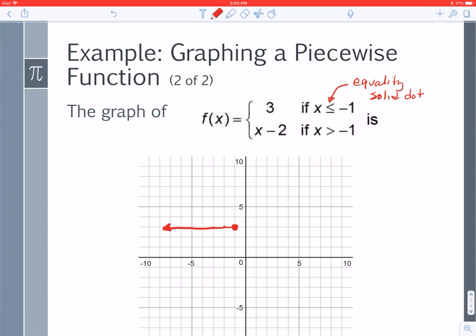Okay, now let's graph the second part of this piecewise defined function. Now remember, we evaluated this function at -1, even though -1 is not included in the interval for the second part of this piecewise defined function. And we found at -1 the value for our function was -3. So at -1, -3, I'm going to plot this as an open circle. Why an open circle? Since we don't have equality, we're going to use an open circle to represent that point.